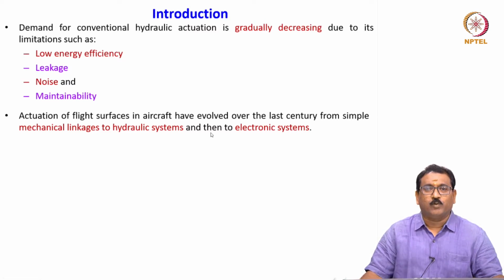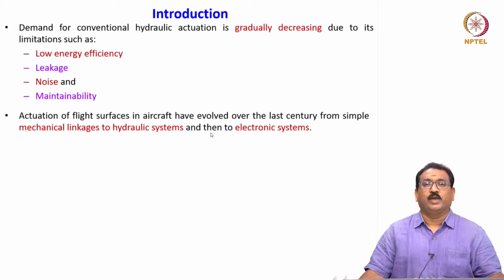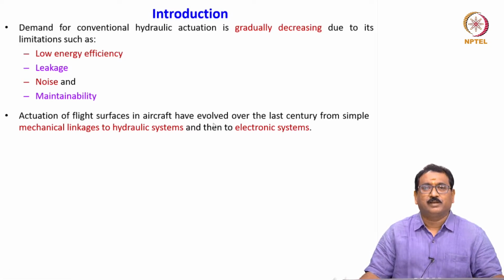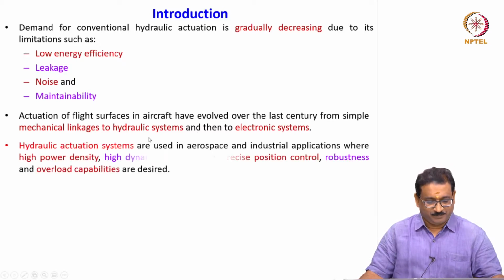As I have told you, we are moving from conventional hydraulics to electro-hydraulics, where electronics are used more and more in the actuation system, characterization, acquiring the data from the responses.